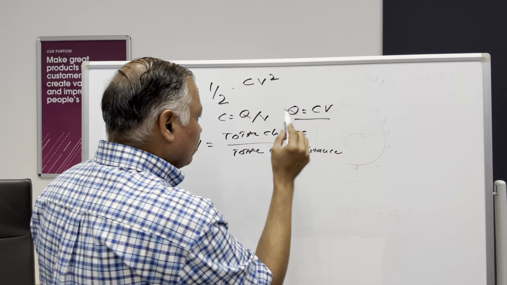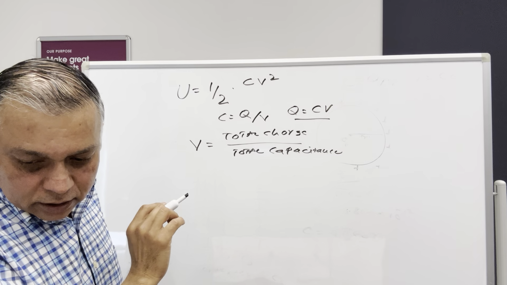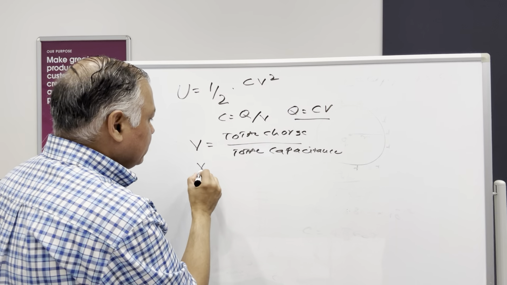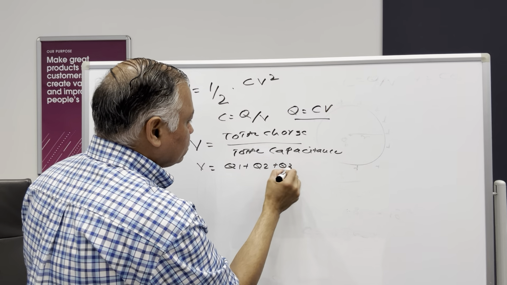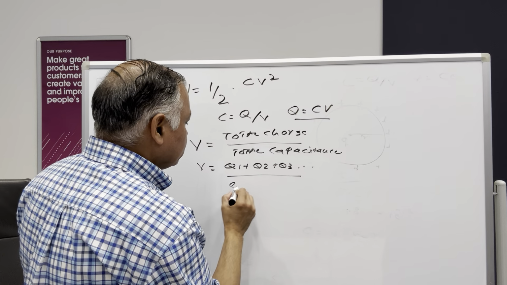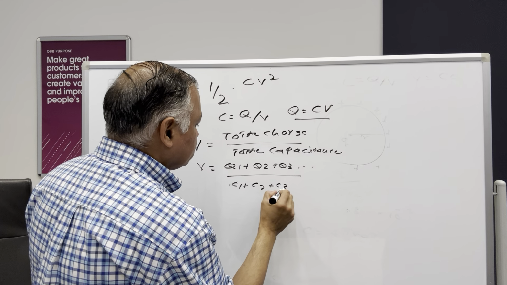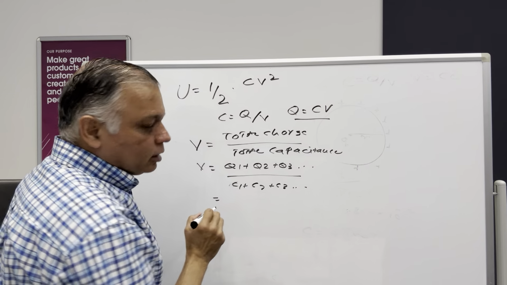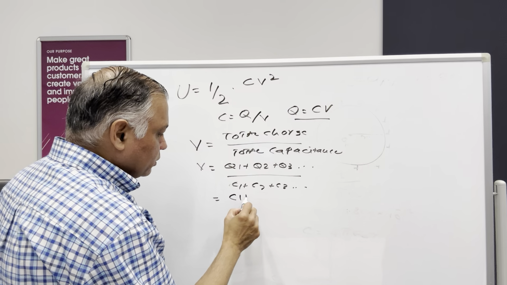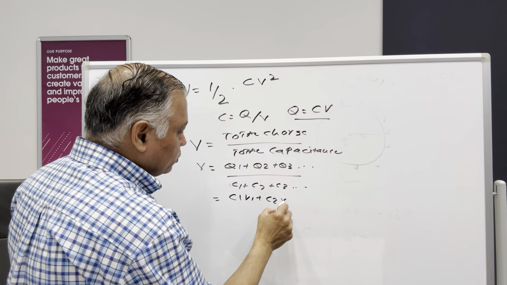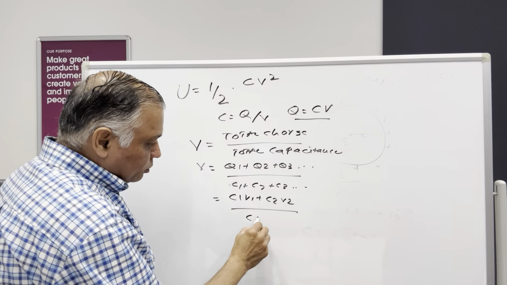Excuse me for my handwriting, not so great, but V is equal to Q1 plus Q2 plus Q3 all the way, over capacitance C1 plus C2 plus C3 all the way, and Q is nothing but CV, so it is C1V1 plus C2V2 divided by C1 plus C2, right?